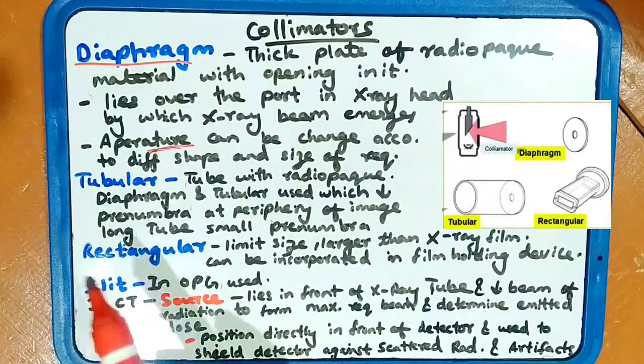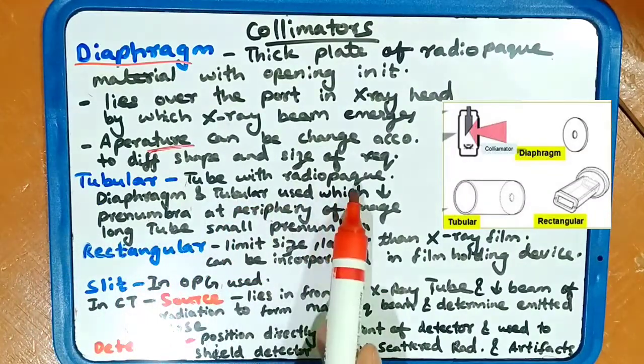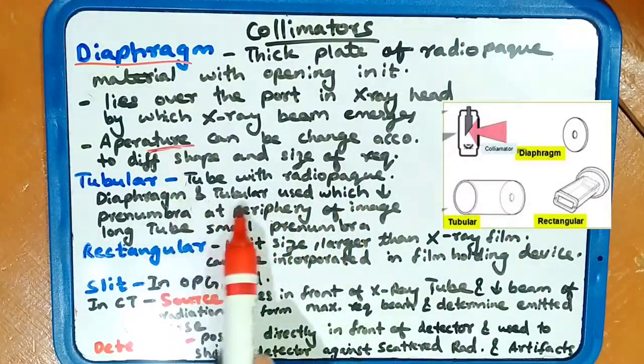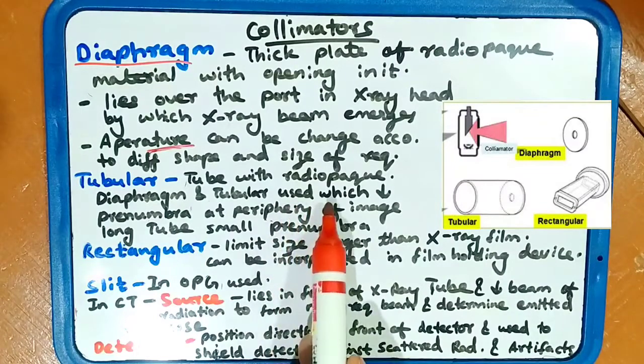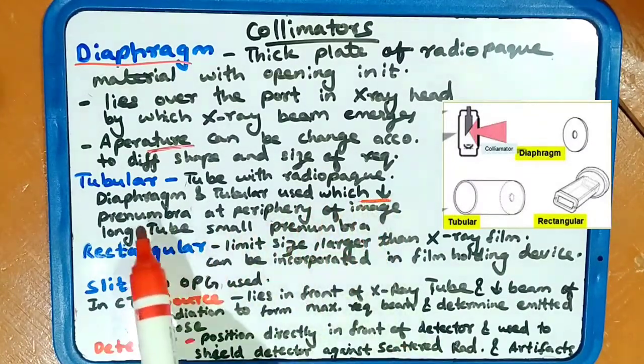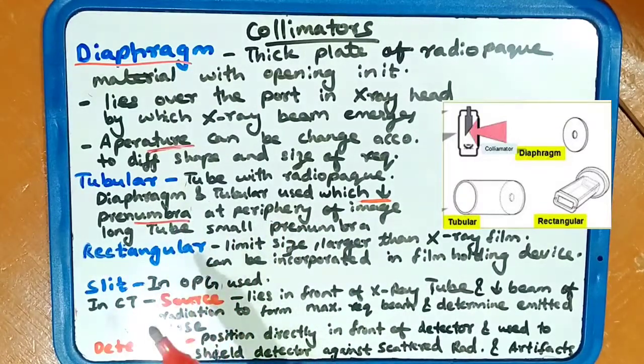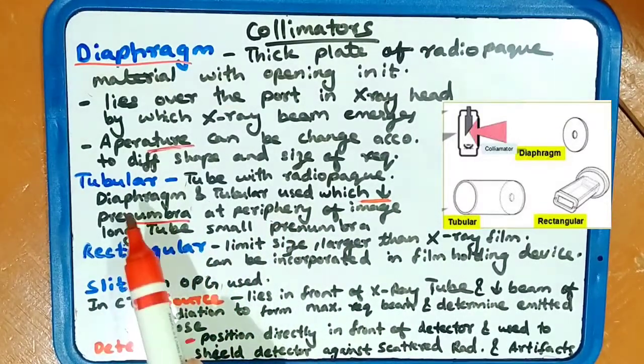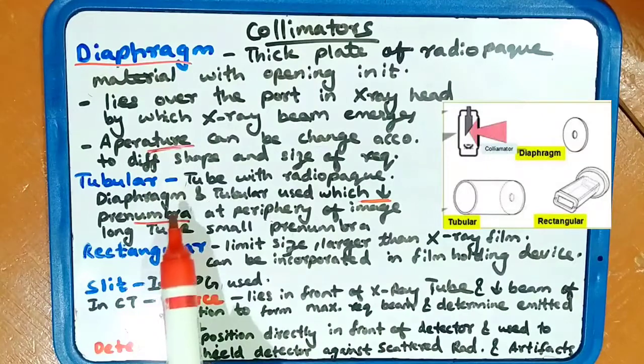Tubular. The tube is opaque here. Diaphragm and tubular are used in combination to reduce the penumbra. What we do in tubular, we use diaphragm as well as tubular to reduce the penumbra. What is penumbra?